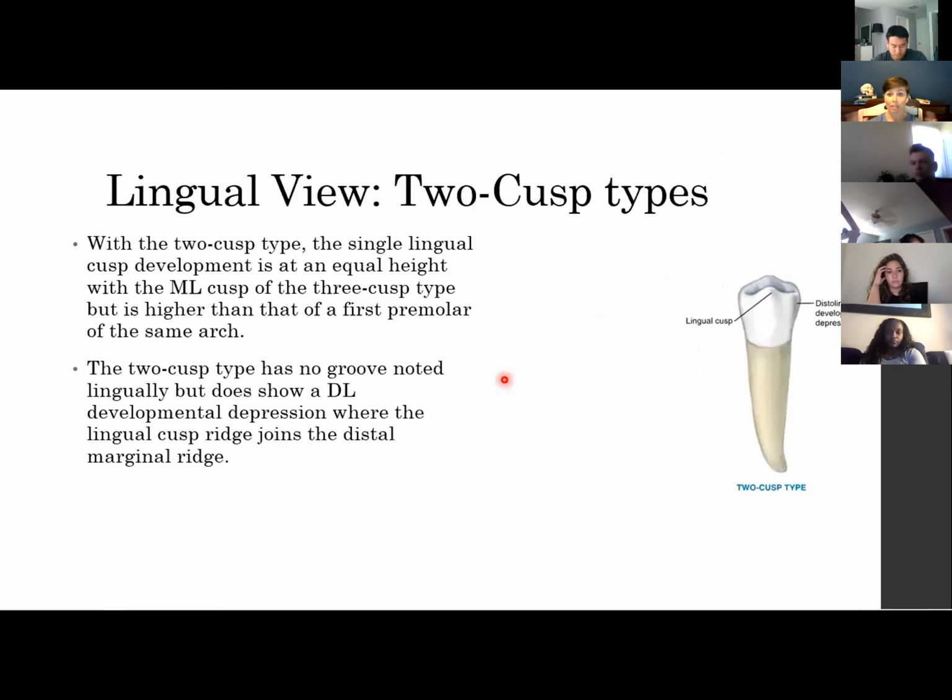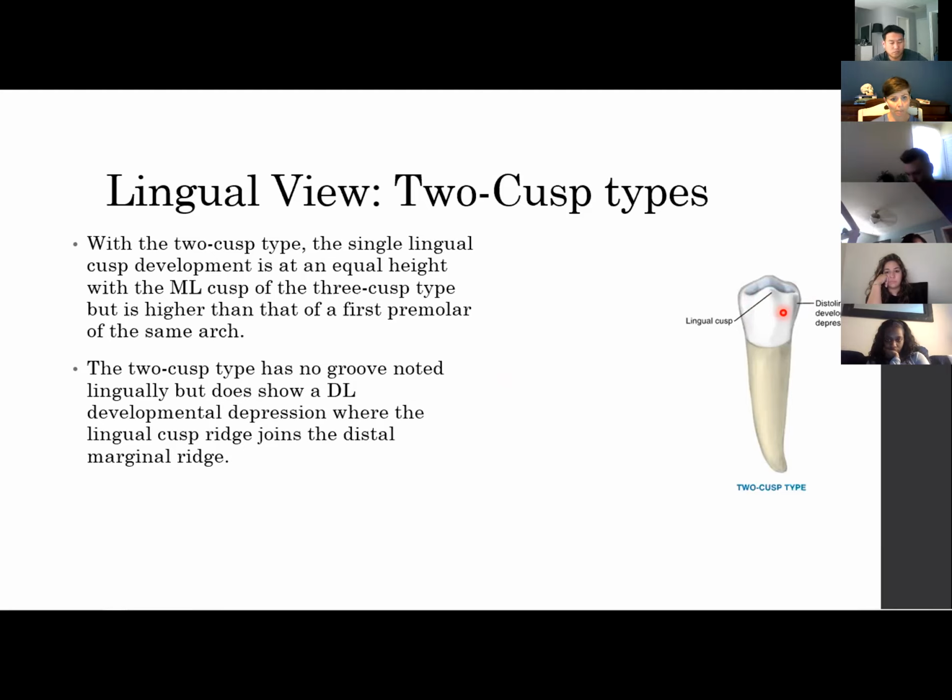All right, so the 2 cusp type. With the 2 cusp type, the single lingual cusp development is at an equal height to the mesiolingual cusp. And it's the same as the mesiolingual cusp with the 3 type, but is higher than that of the first premolar. So instead of this being lower and that being higher, like I said, it's almost all to where it looks even, similar to that first premolar on the maxillary.